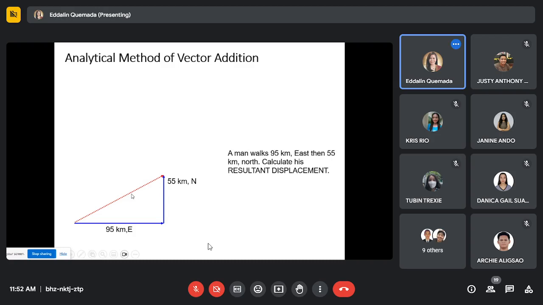So substituting, c is equal to the square root of 95 squared plus 55 squared. Getting the value, the resultant, or the hypotenuse of our right triangle, is about 109.8 kilometers. Understood?